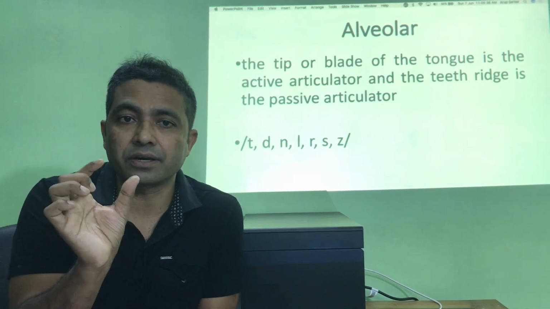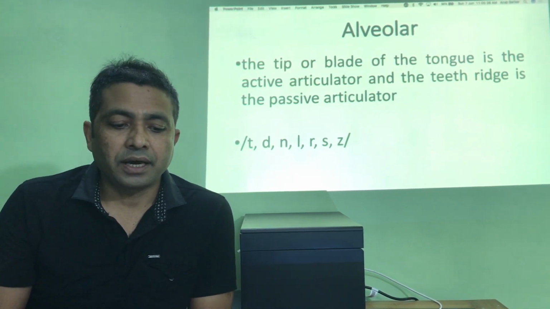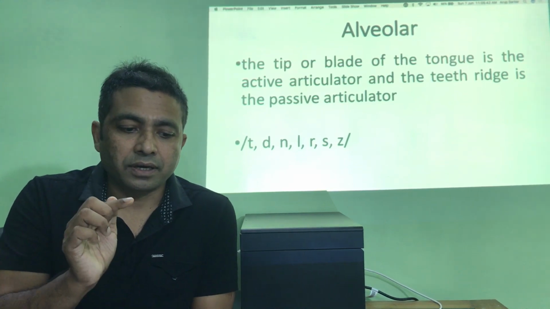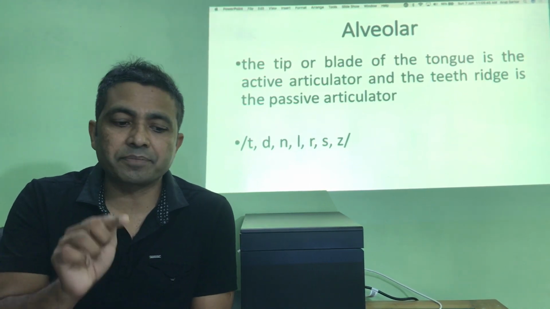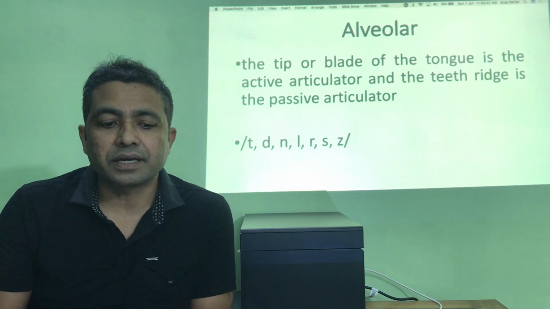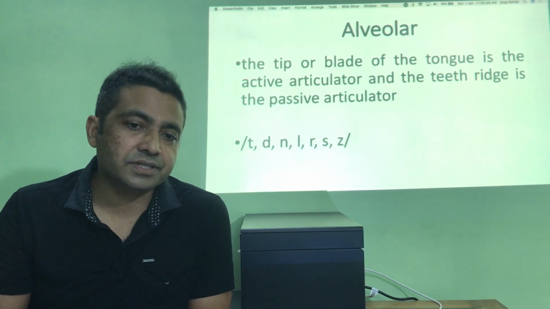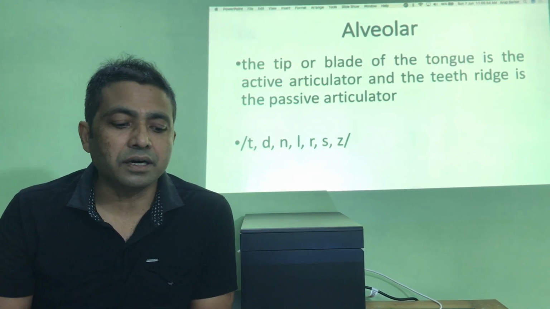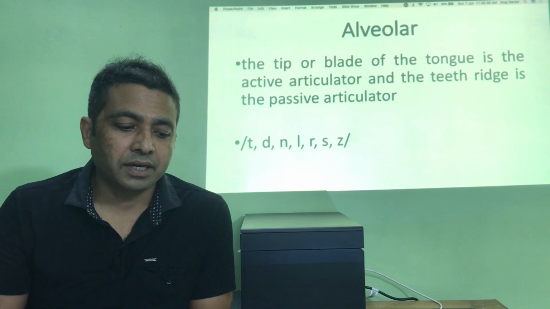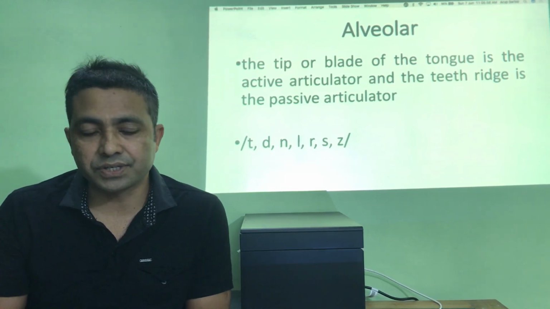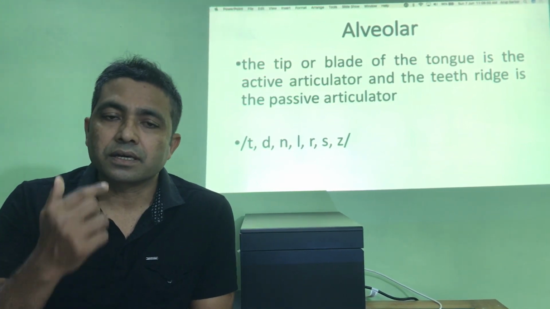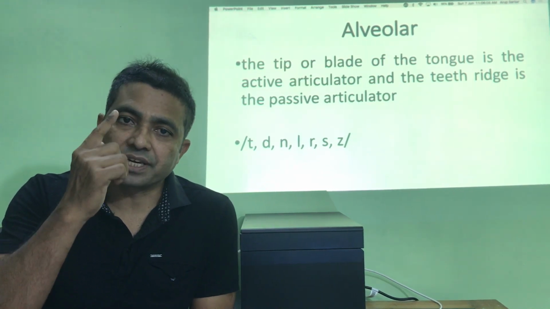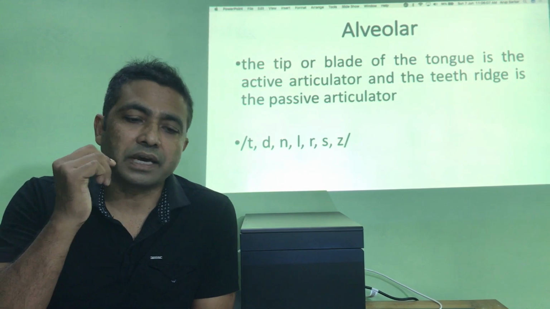Since the alveolar ridge is the passive articulator, these consonant sounds are called alveolar consonant sounds. They are ta, da, na, la, ra, sa and za, since the tip of the tongue goes against the alveolar ridge.